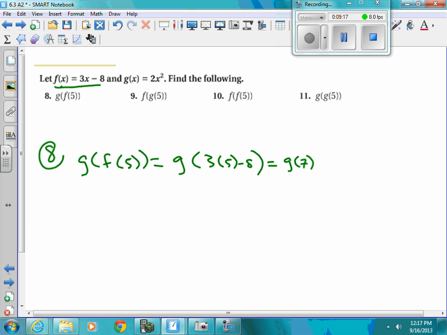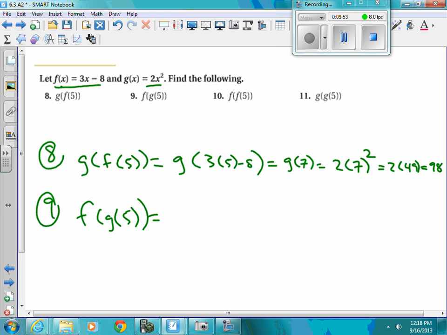So now we're going to evaluate 7 in g. G is 2x squared. So 2 times 7 squared, which is 49 times 2, or 98. So we work inside out. The number goes in the inside function first, you get a value, you plug that value into the outside function, and you get your result.